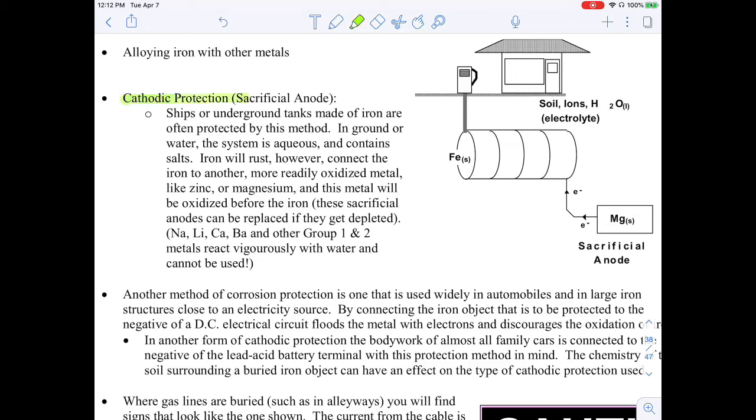In ground or water, the system is aqueous and contains salts, so you know that rusting will occur. The iron will rust, but it can be prevented if you can connect the iron to a metal that is more inclined to corrode. This is called cathodic protection.